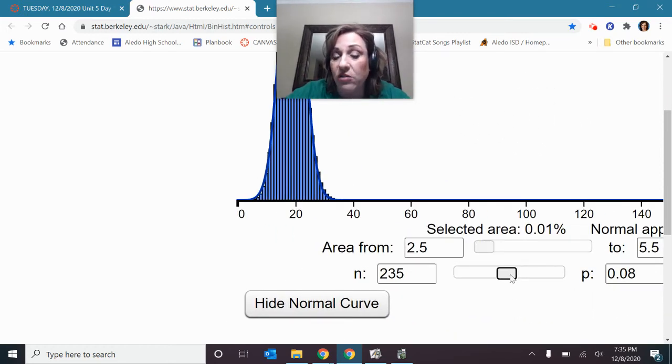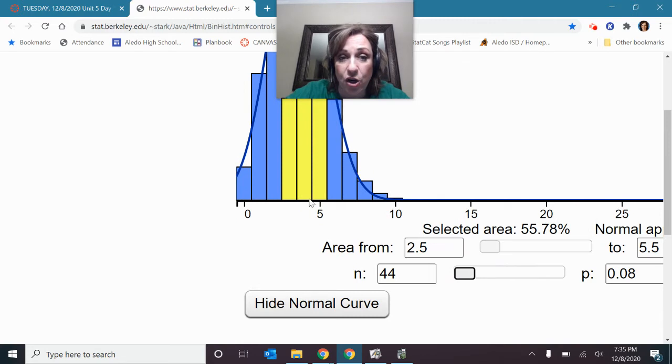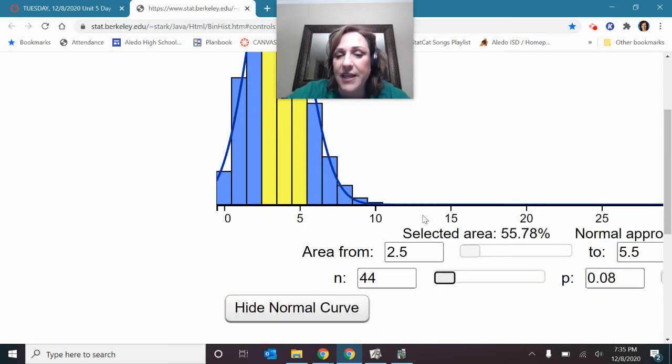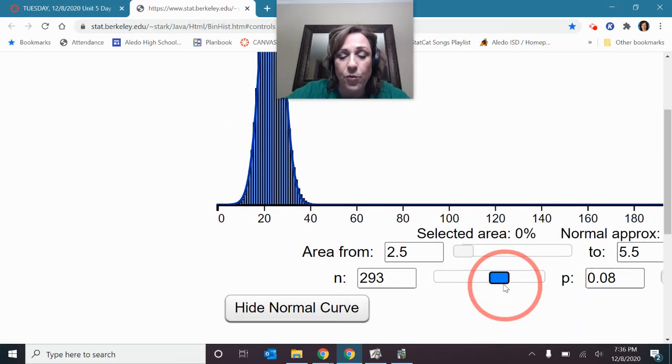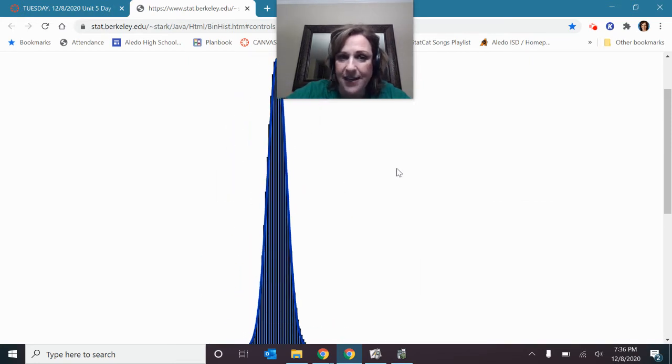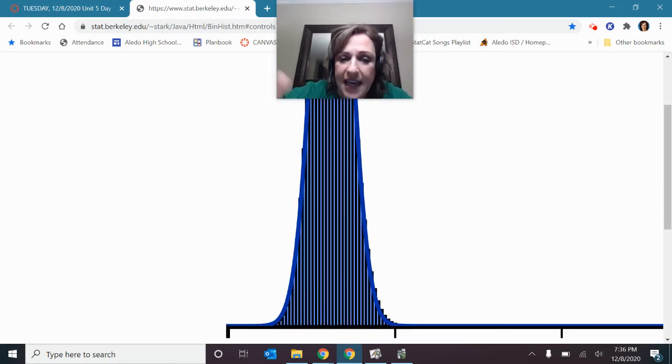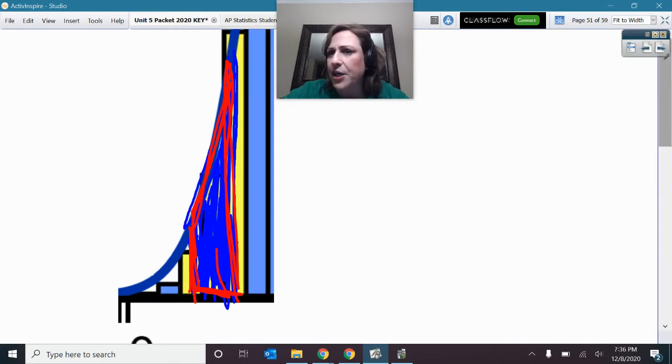With a small sample size, our approximation is not going to be as good as with a really large sample size. Look at that, when the sample size is 390, your normal approximation is probably going to be spot on with that binomial. Those are interesting things to think about.